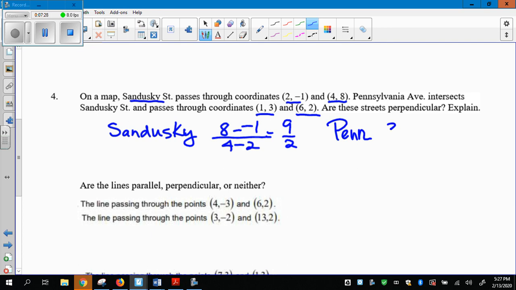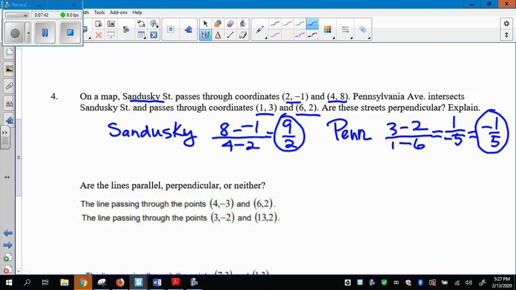So I'm going to do 3 minus 2 over 1 minus 6, and that equals 1 over -5, or -1/5. Those are not the same. They are not opposite reciprocals. So I'm going to say no. And my explanation is the slopes are not opposite reciprocals.